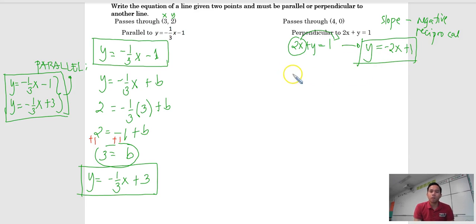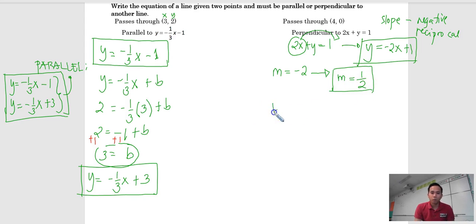Now the slope is m is equal to -2. We get the negative reciprocal of that, which will give us a new slope, m equal to +1/2. It will become positive and it will become 1/2. So this is the new slope that we'll be using.